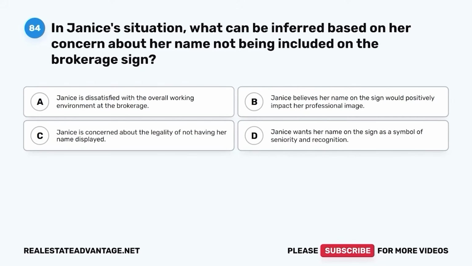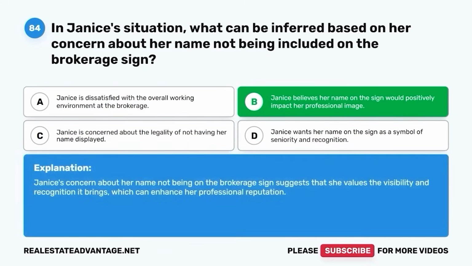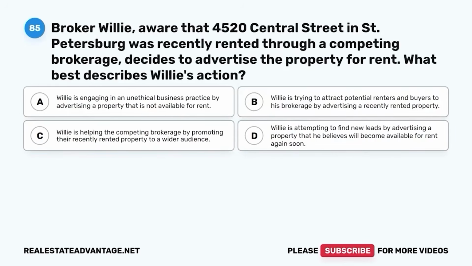D. Janice wants her name on the sign as a symbol of seniority and recognition. The correct answer is B. Janice believes her name on the sign would positively impact her professional image. Janice's concern about her name not being on the brokerage sign suggests that she values the visibility and recognition it brings, which can enhance her professional reputation.